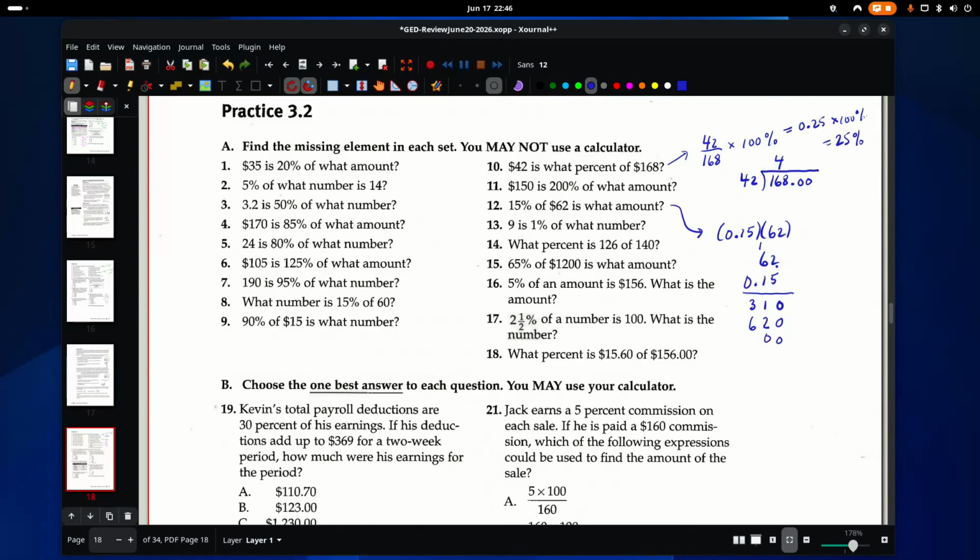We've got 0 times 2 is 0, and 0 times 6 is 0, like so. And when we add these up, we get 0, and then 3, and then 9, and we've got 2 decimal places from above. So we've got 9.30. So 15% of $62 is $9.30 for that one.